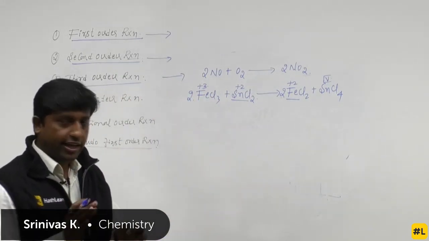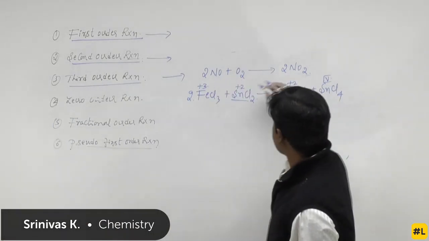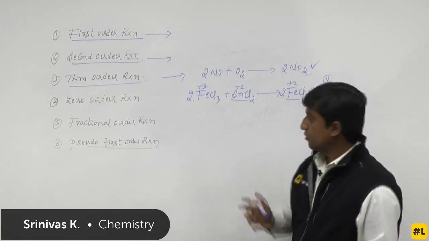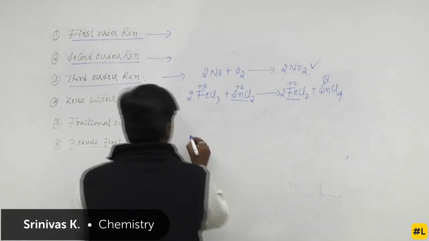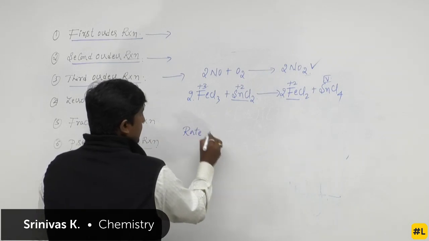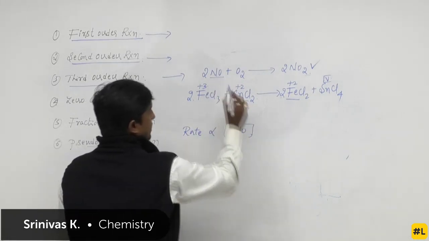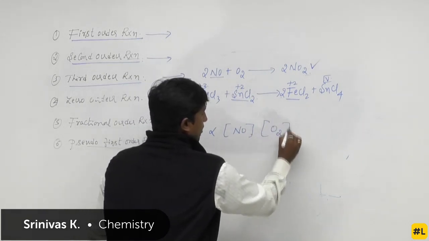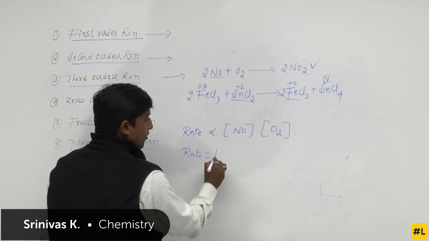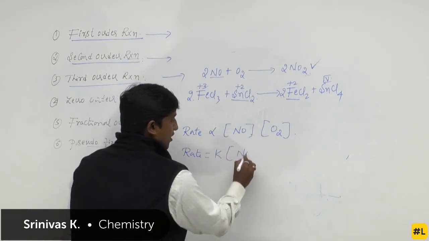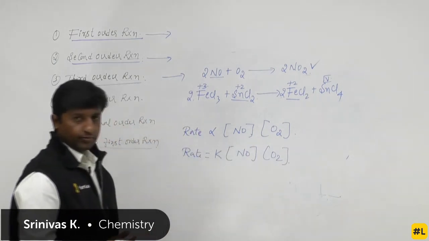Again, listen carefully, what is third order reaction? Let us write the rate equation for the formation of nitrogen dioxide. We know that rate is directly proportional to the concentration of reactants, nitrogen monoxide and oxygen. Or rate equals K into concentration of nitrogen monoxide and concentration of oxygen.